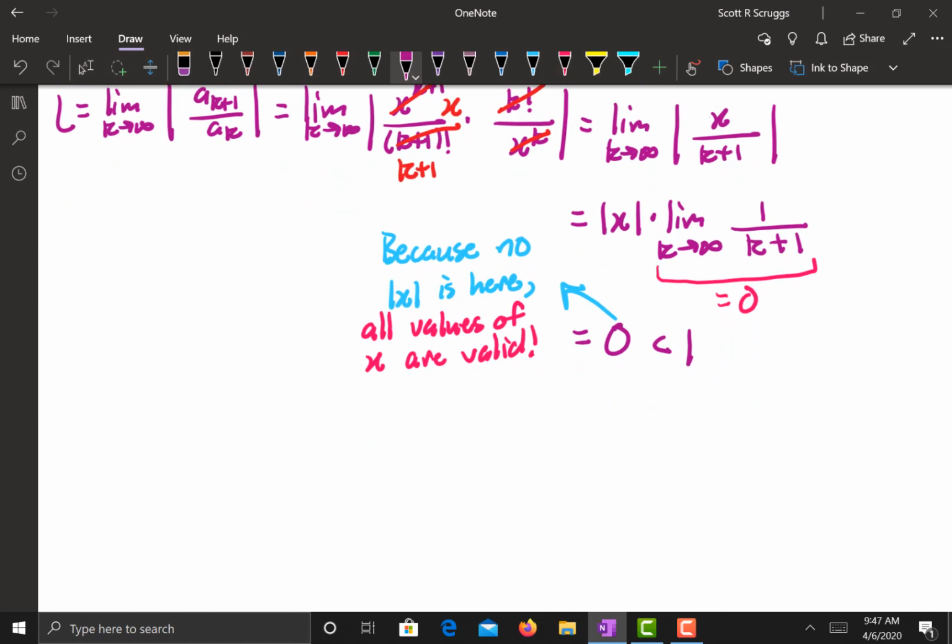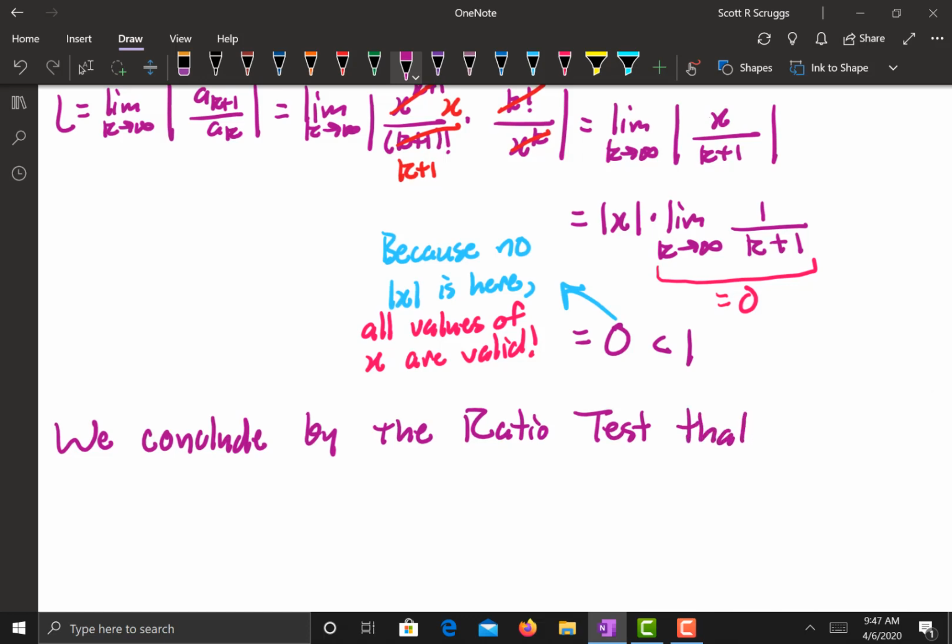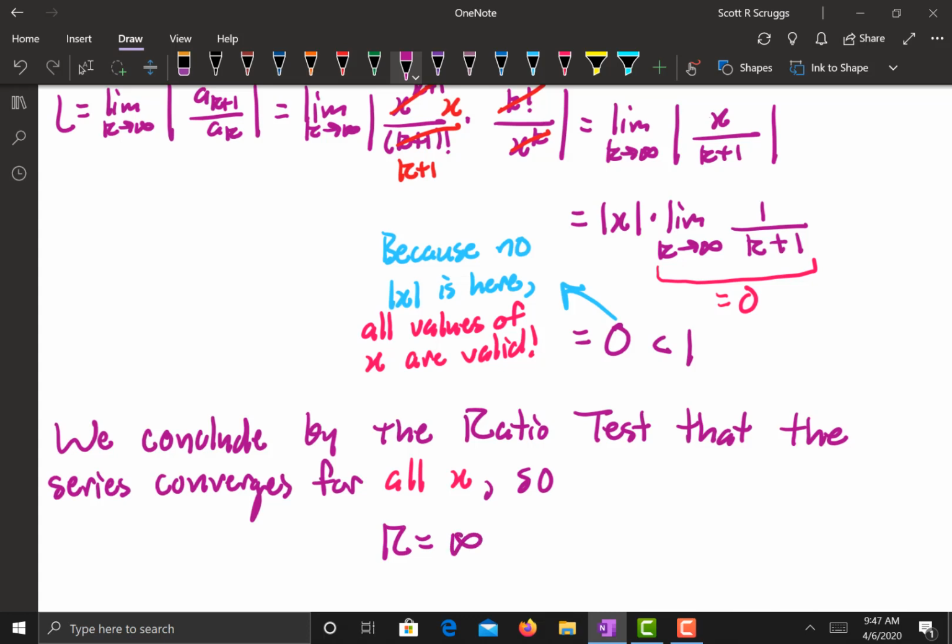Thus, we can write that we conclude by the ratio test that the series converges for all x, which means my radius of convergence would be infinity.